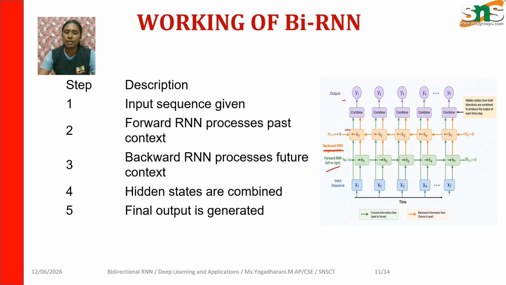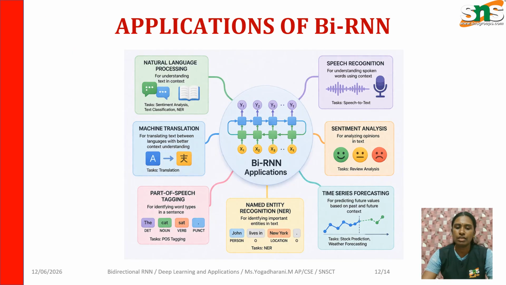Bidirectional RNN combines two perspectives before making a decision. Applications include speech recognition, machine translation, sentiment analysis, handwriting recognition, named entity recognition, question answering systems, and so on. For example, ChatGPT-like systems use contextual sequence processing.